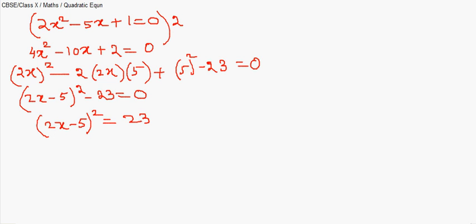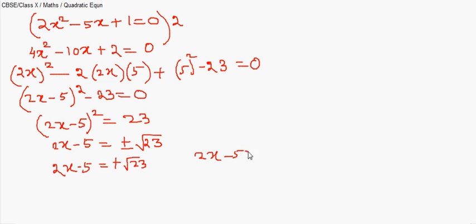Now we find the square root of both the sides. Thereby it gives 2x minus 5 equals plus minus root of 23. So 2x minus 5 is equal to plus root 23, and the other one becomes 2x minus 5 equals minus root 23.